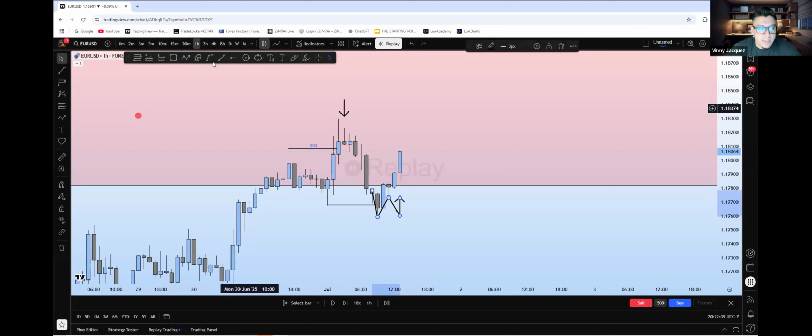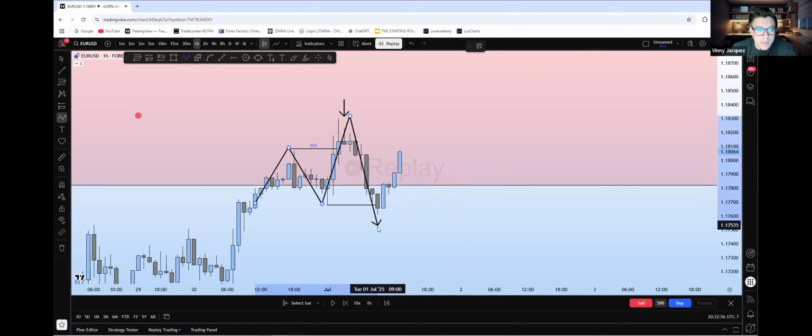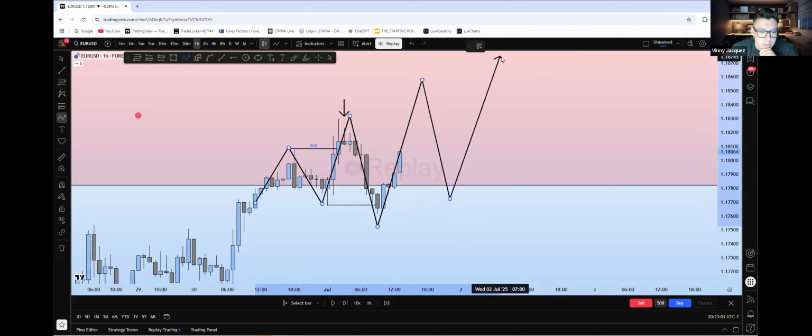I like it when it at least gives me a little double bottom and then comes back for sales. I like that a bit more than just a sharp push down, because when the market's aggressively buying, what happens is the market will give you something that looks like a head and shoulder, sweep liquidity, and then it turns itself into an inverted head and shoulder and continues buying, right?